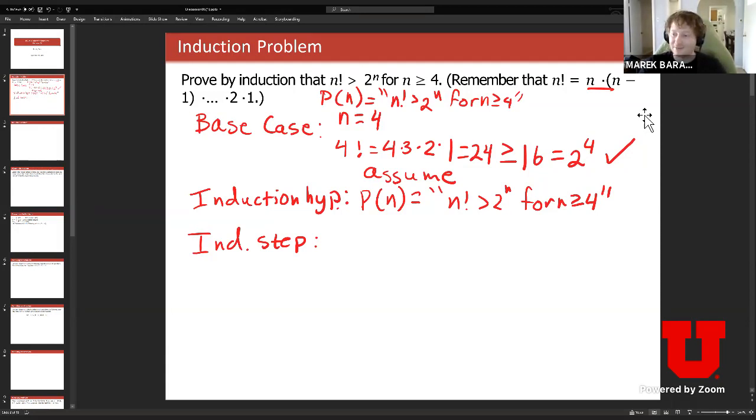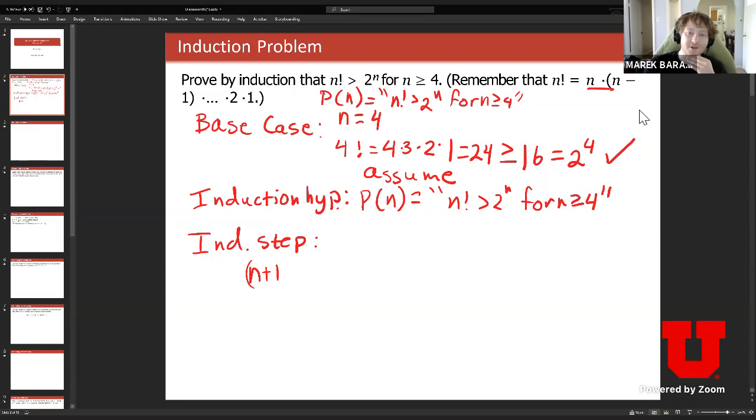Has anyone solved it? Or at least have part of it done? How about prove n plus 1 factorial is greater than 2 to the power of n plus 1?